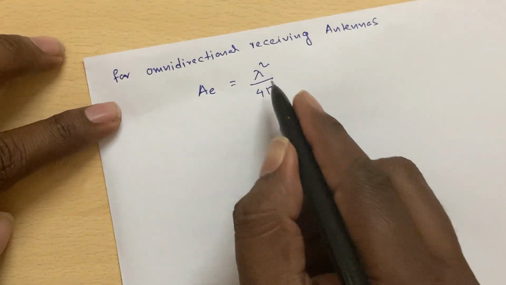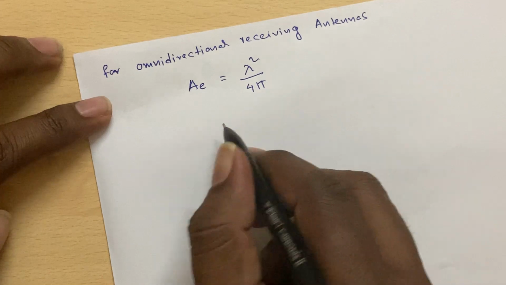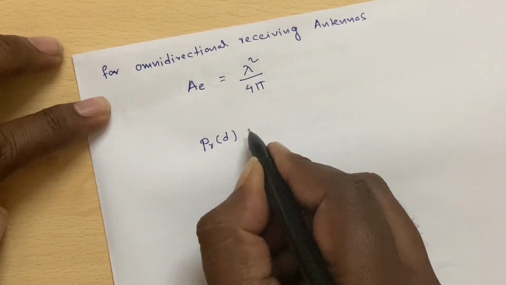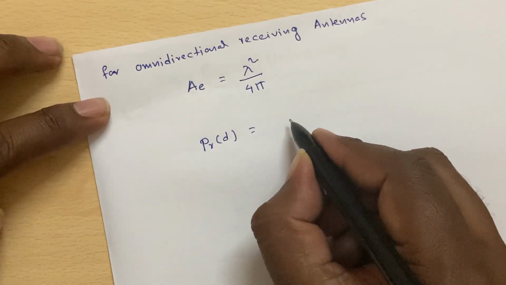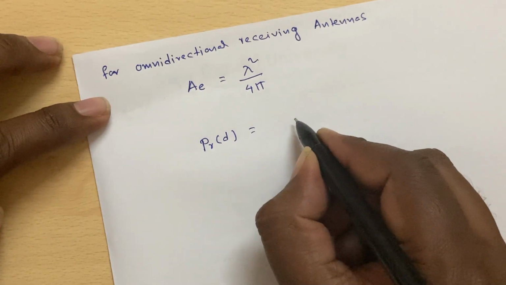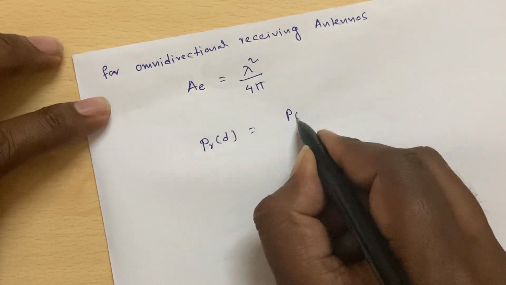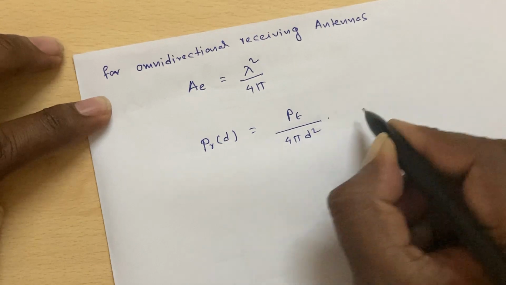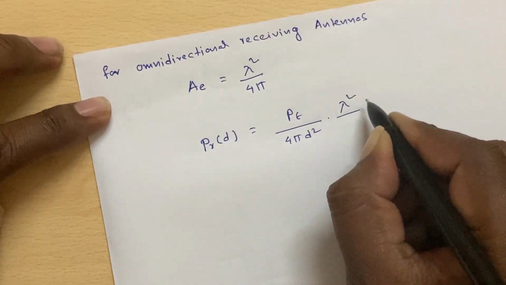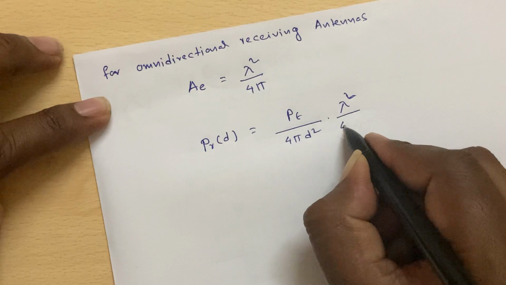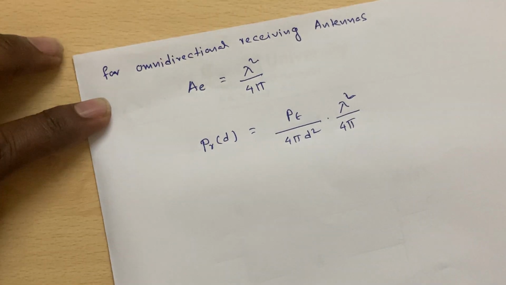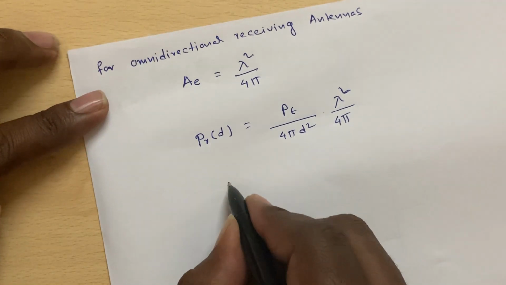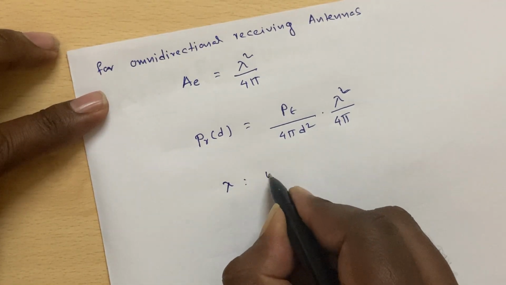Then the received power will be the power flux density at distance d into the antenna aperture, which is PT by 4 pi d square into lambda square by 4 pi, where lambda is the wavelength of the communication.